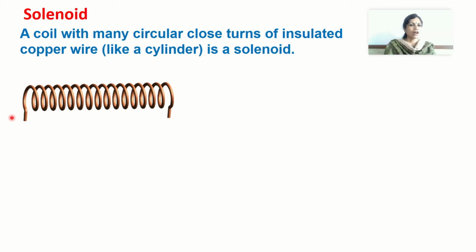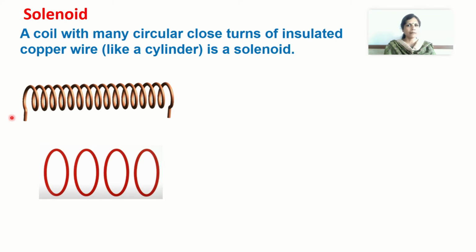So what will I do? I'll take the circular loops like this. I'll break the solenoid and I'll take each and every circular loop in this manner. Then to find out the nature of the magnetic field, I'll connect the battery here. Alright, and I'll imagine that all the circular loops are connected to each other.